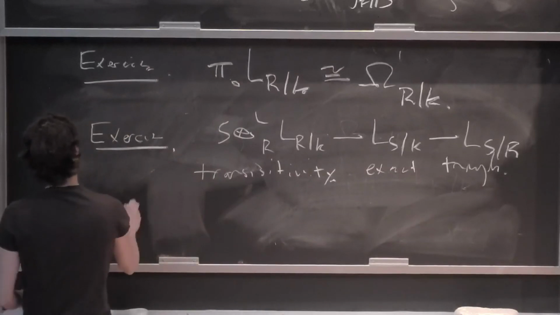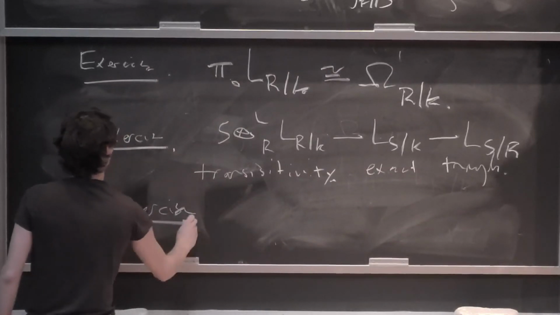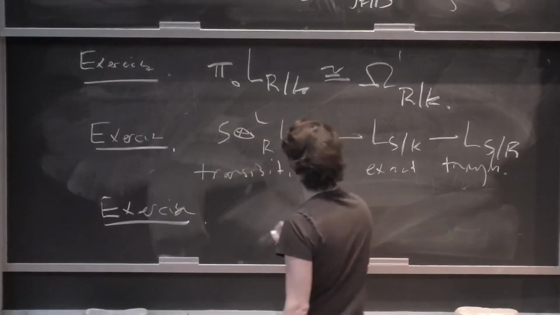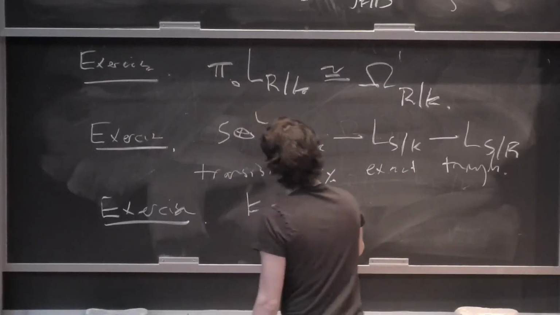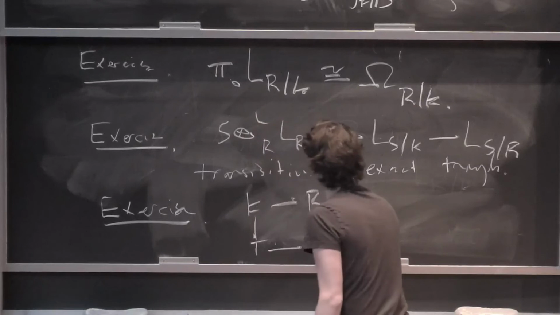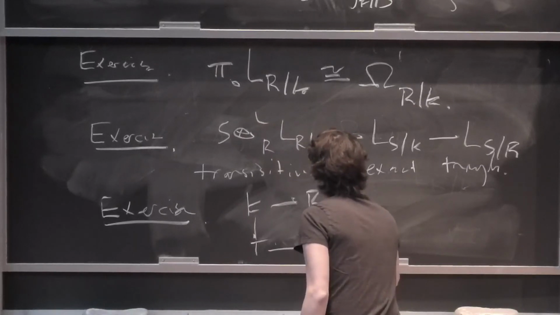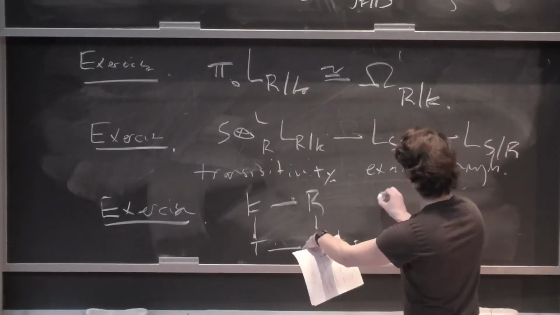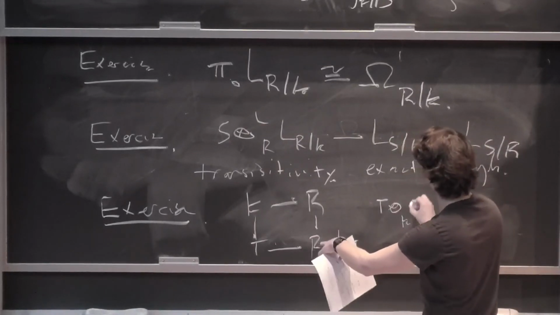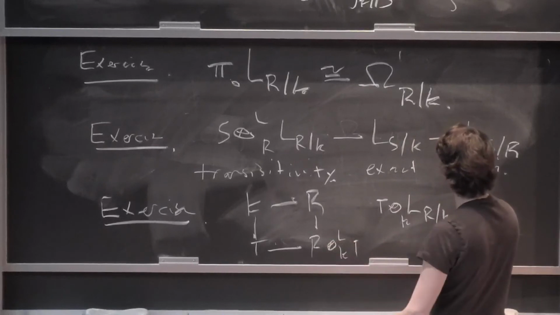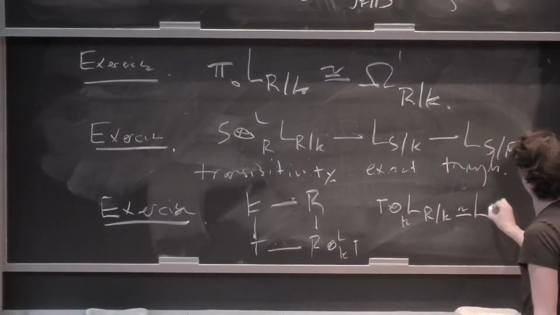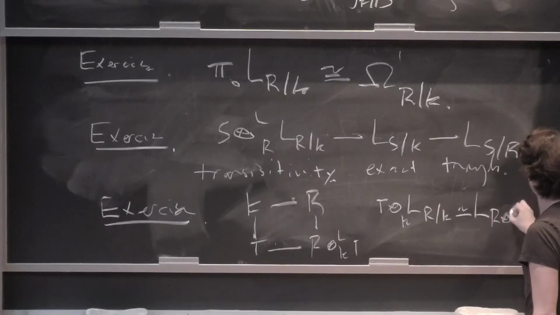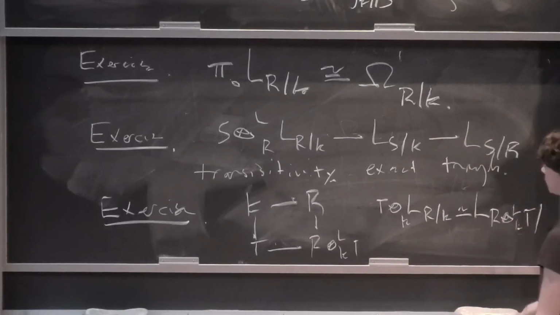And the other thing that you can prove is that if you have a diagram like this, T and R tensor K L T, then if you take T tensor over K with the cotangent complex of R over K, you get the cotangent complex of R tensor K T over T. So do these exercises.